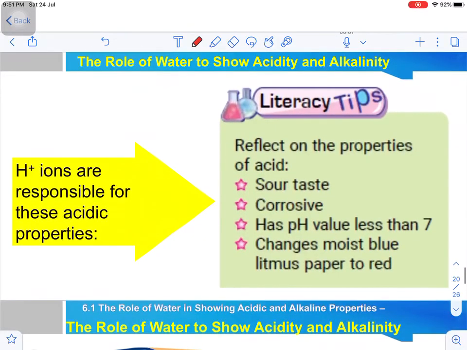Okay. So, hydrogen ion in acid is the ion that is responsible for acidic properties, which are sour taste, corrosive, pH value less than 7, and changing moist blue litmus paper to red.